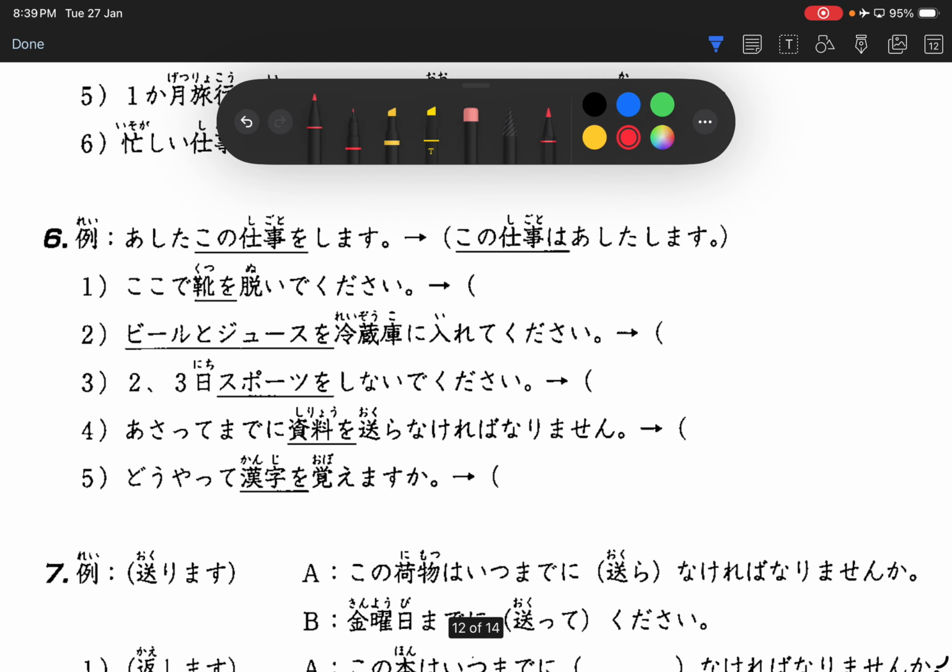Number 6. Example: 明日この仕事をします。We change to この仕事は明日します。That means I will do it tomorrow.